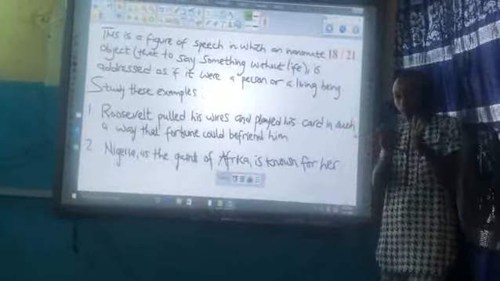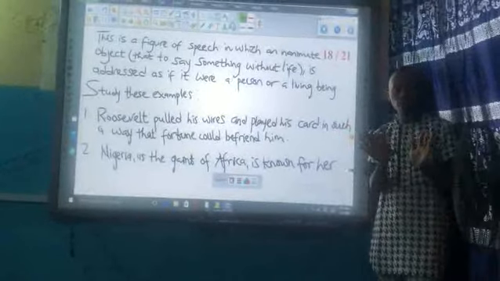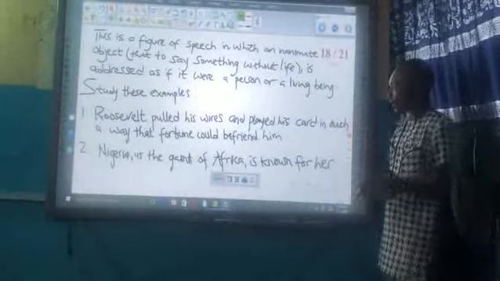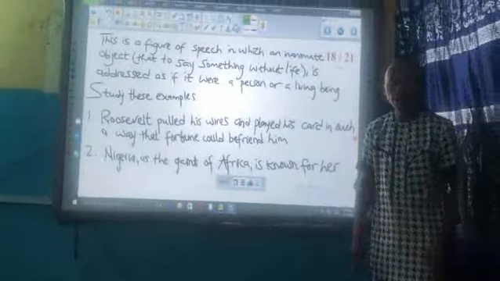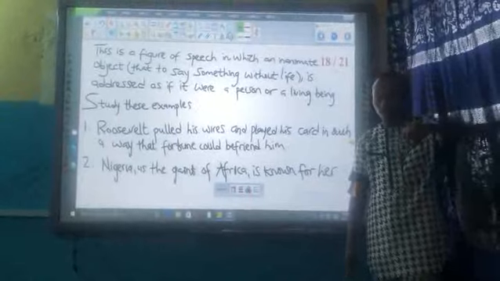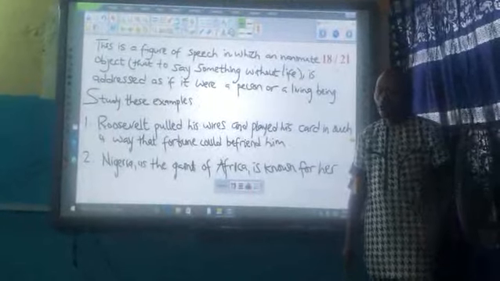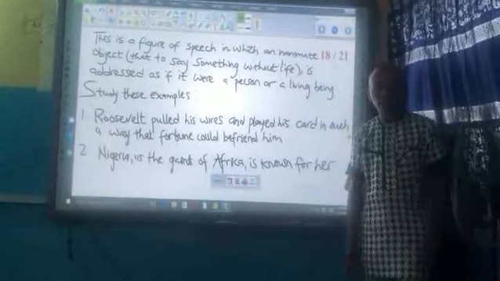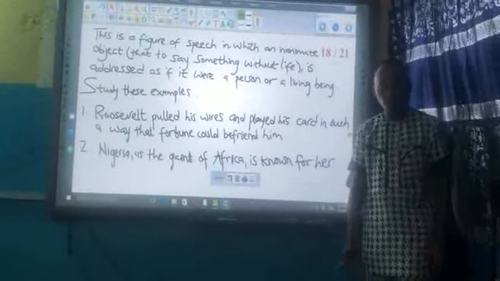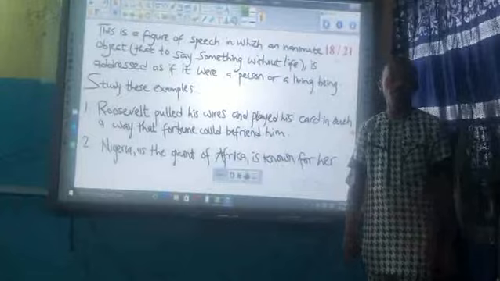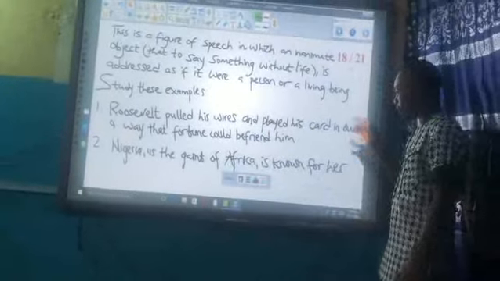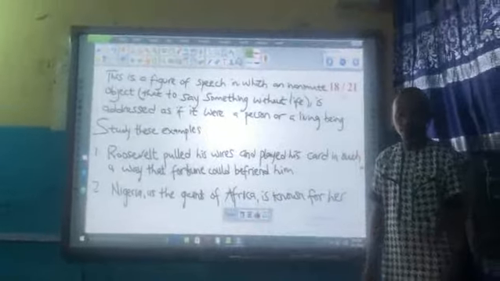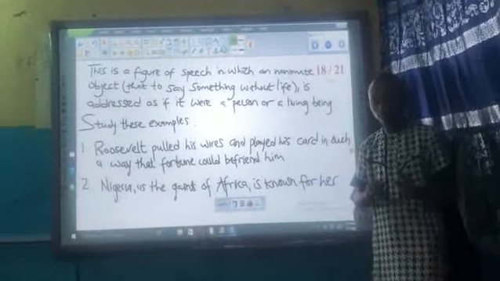We can add well there to make this sound complete: Roosevelt pulled his wire and played his card well. In this expression I just made, we don't have anything that comes close to personification in it. No personification in it. I hope you are getting something.